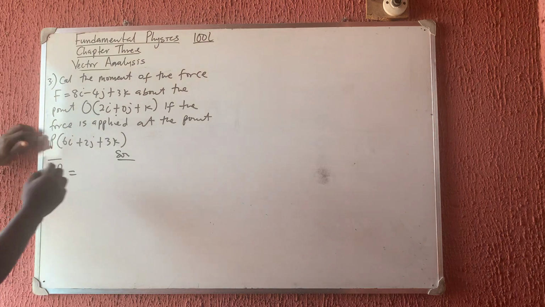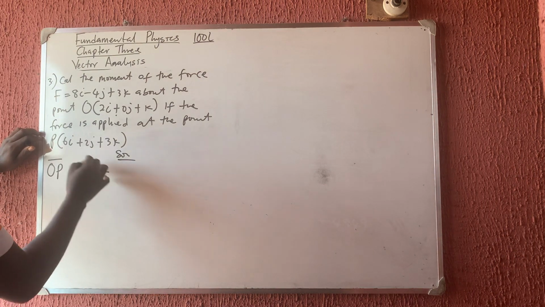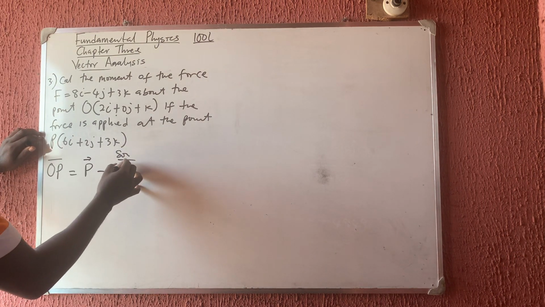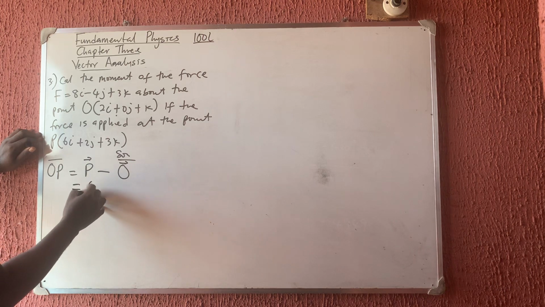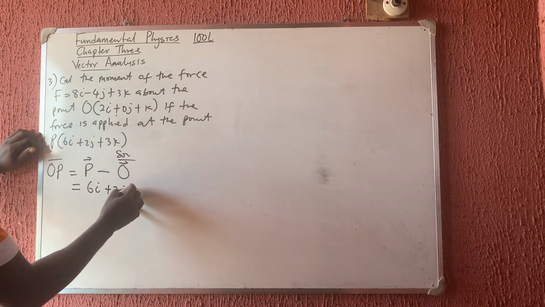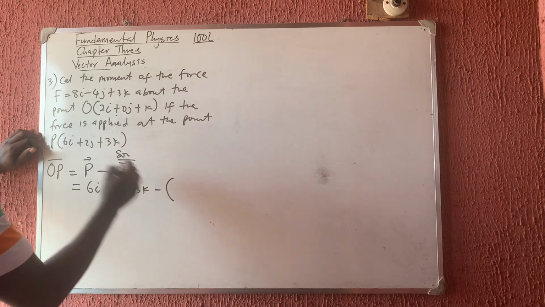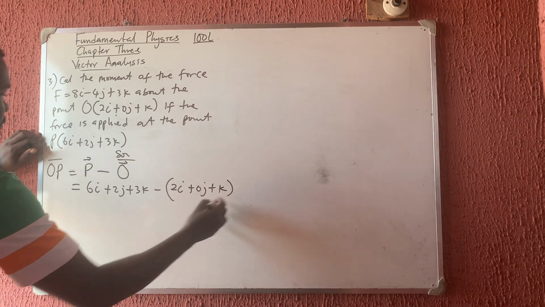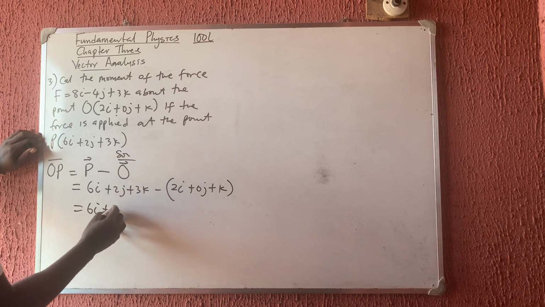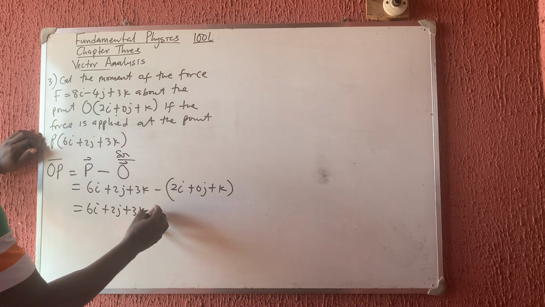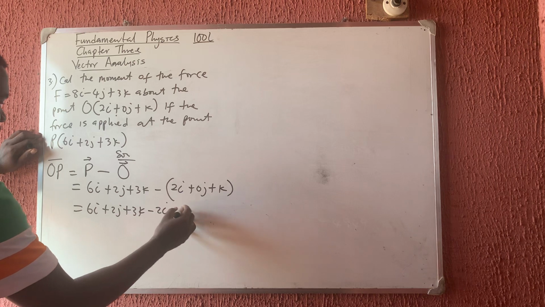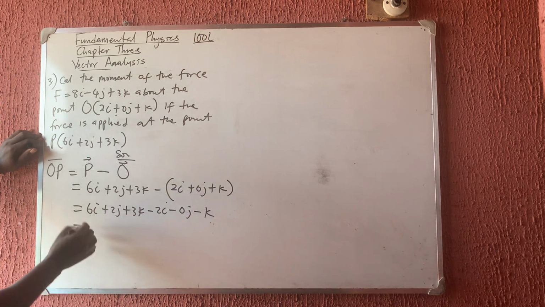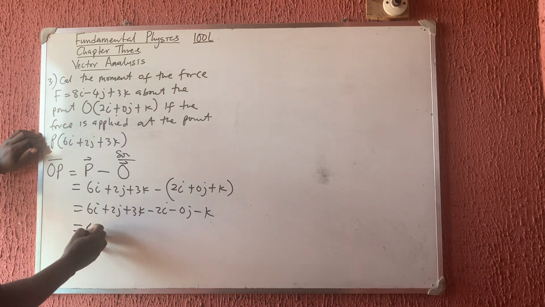So we will say vector OP is vector P minus vector O, which is 6i plus 2j plus 3k minus 2i plus 0j plus k. So that will give you 6i plus 2j plus 3k minus 2i minus 0j minus k. So let's do that. 6 minus 2 will give you 4i.